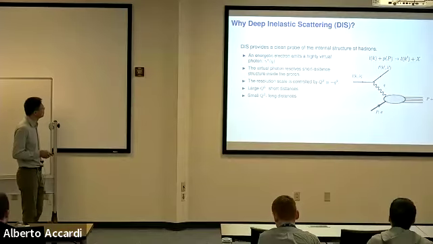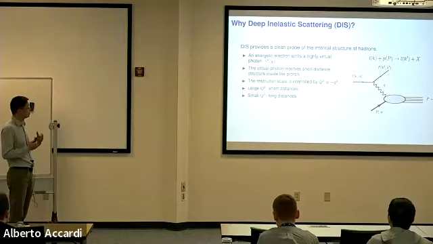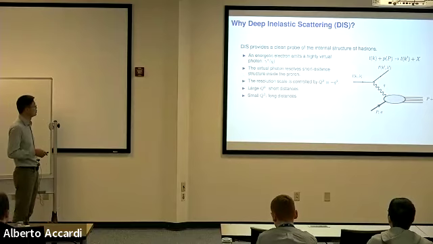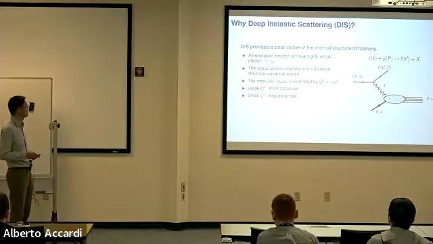So again, there are various ways of probing quarks and gluons inside hadrons. You can do high energy hadronic collisions or e+e- scattering and other experiments, but I'm going to focus on deep inelastic scattering.